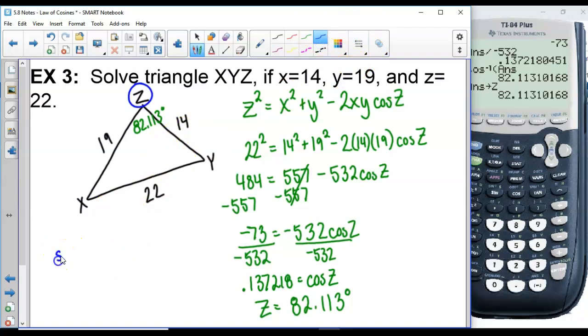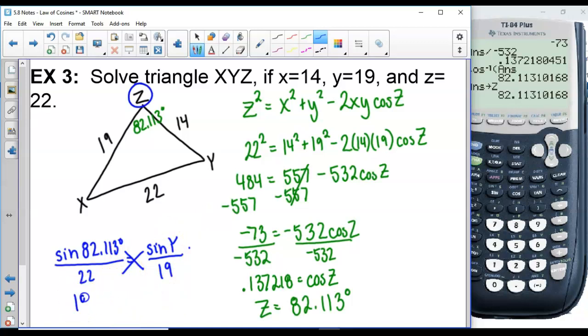So I'm going to say sine of 82.113 over 22 equals, Sadie, which one do you want to find, x or y? Y. So we'll do sine of y over 19, and we will cross multiply.